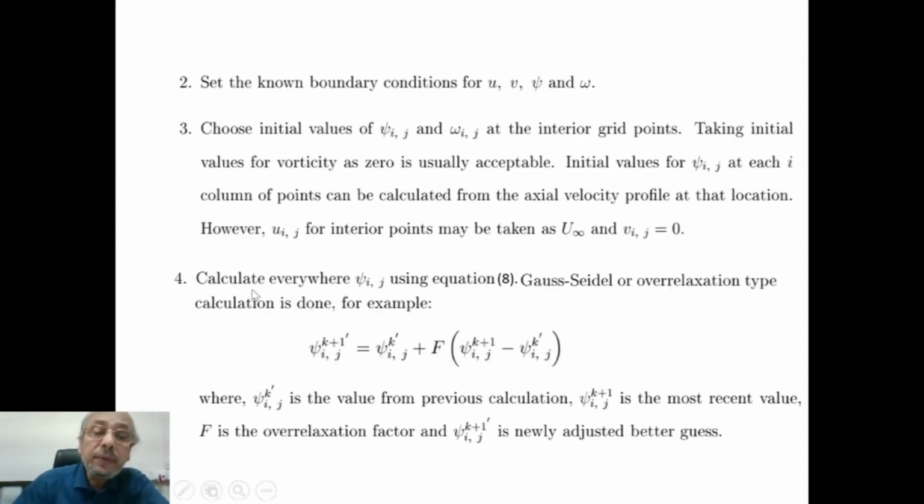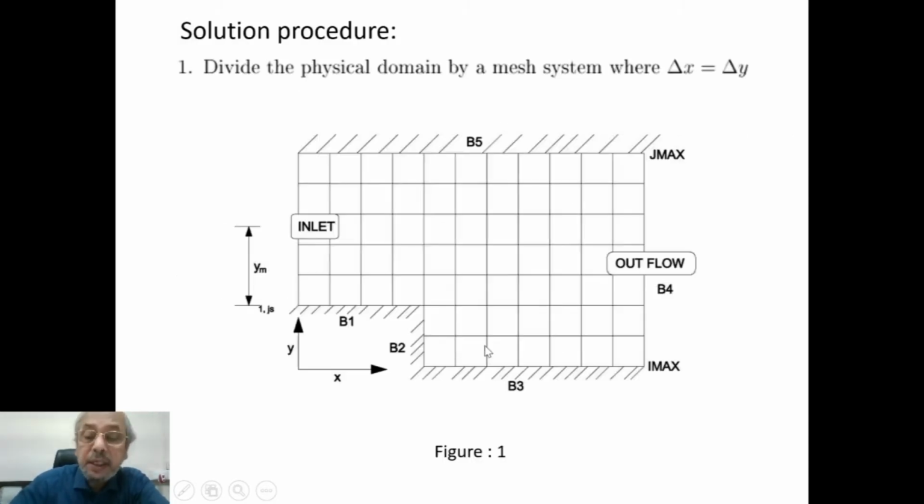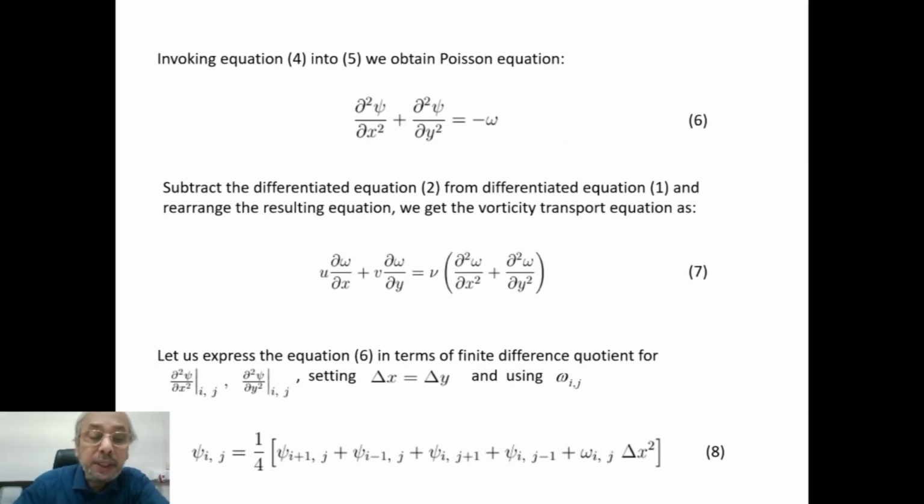So calculate everywhere psi ij using equation 8. Gauss-Seidel or over relaxation type of calculation is done. That means if we start with a value, say psi ij k prime distributed everywhere, then psi ij k plus 1 we calculate from equation 8.